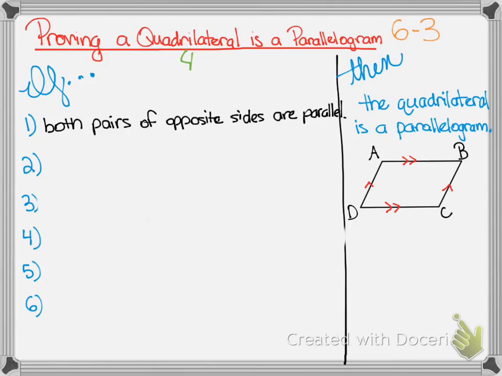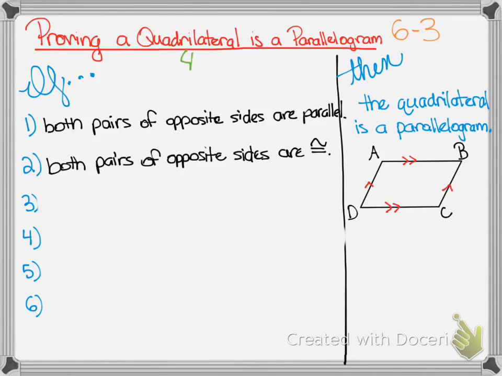The next one is if you know that both pairs of opposite sides are congruent. Then you know it has to be a parallelogram. Okay, so these are basically the properties in reverse.